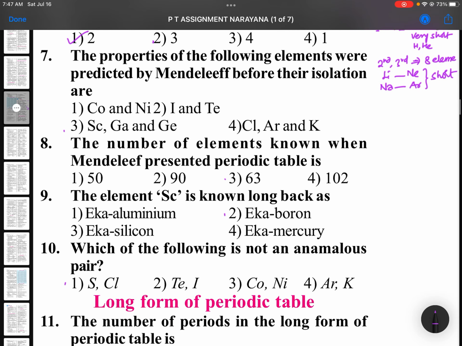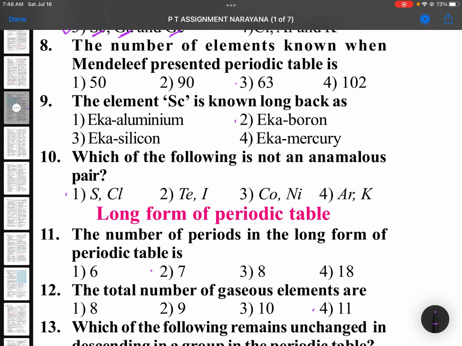The properties of the following elements were predicted by Mendeleev before their isolation. Isolation means before their discovery only he has given. We can take the examples: scandium, gallium, and germanium. Scandium is eka boron, gallium is eka aluminium, germanium is eka silicon.